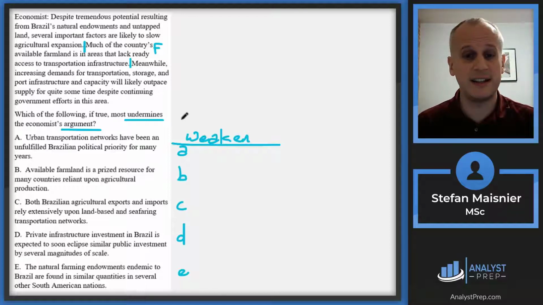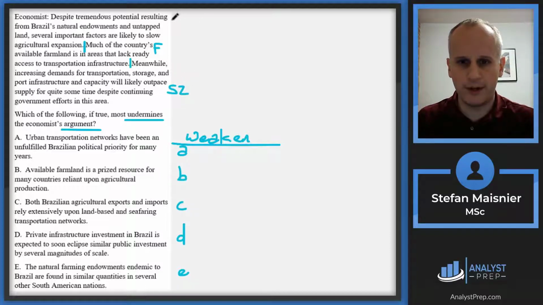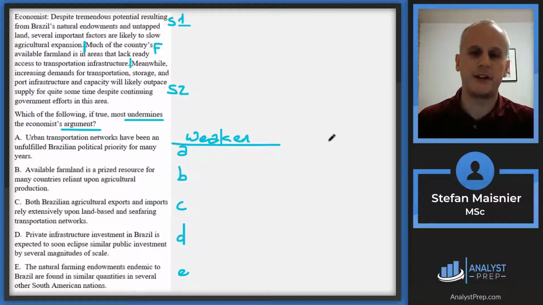So this, again, seems like it might be a subjective statement. So we need to consider, if we're looking at statement 2 and statement 1, which supports the other.